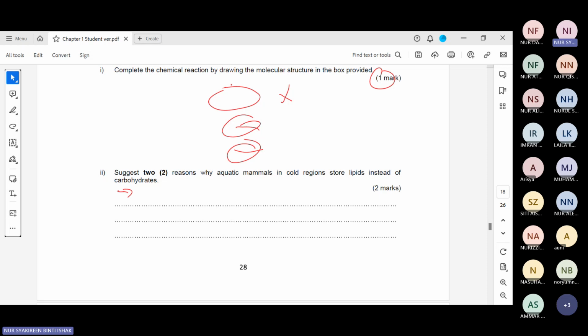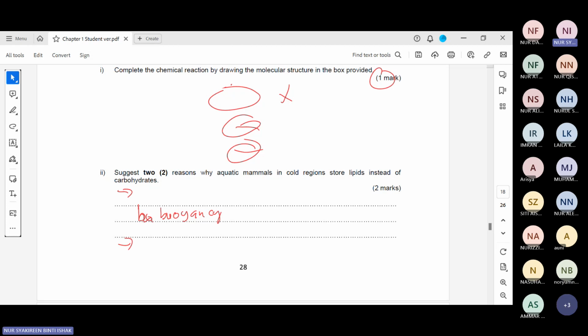So and then second, by having fats, it provides buoyancy to the animal. Okay, it provides buoyancy. Dia boleh buat animal tu terapung lah kan, buoyancy. Okay. So and then yang ketiga kan, kat tempat yang sejuk mestilah dia nak perlukan lebih banyak tenaga, right?